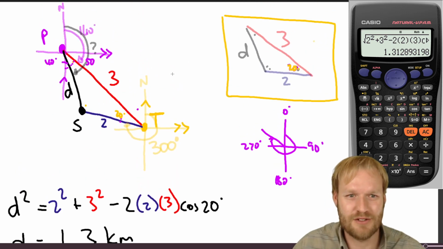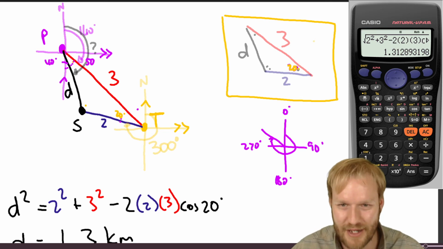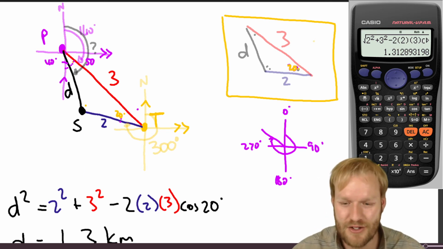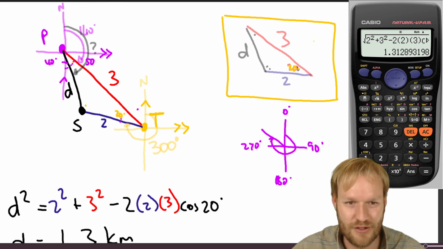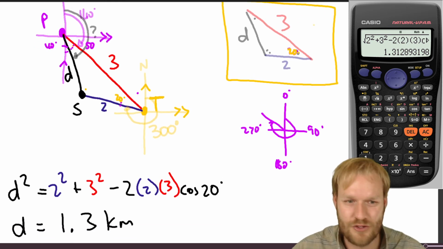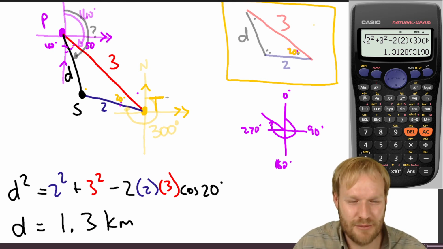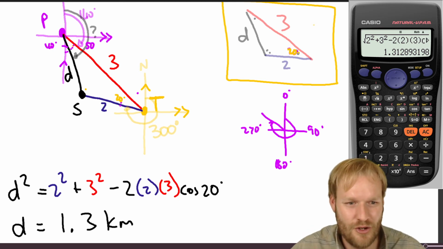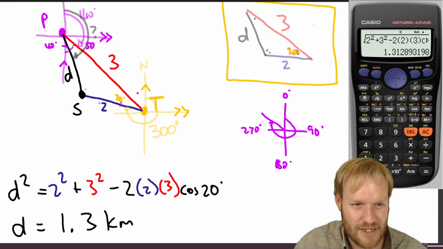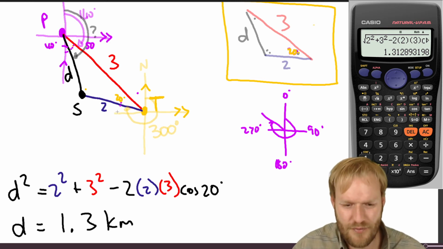Okay, so it's an involved question. It certainly is. There's quite a lot, and this is why we're taking our time just working through it nice and slowly. So fairly involved question that we've drawn our diagram. Out of the diagram, we've picked out our triangle and worked out our angle. As I say, I hope that you've played around with all of these angles in between. And so what we've got now is d is 1.3. Okay, great stuff.